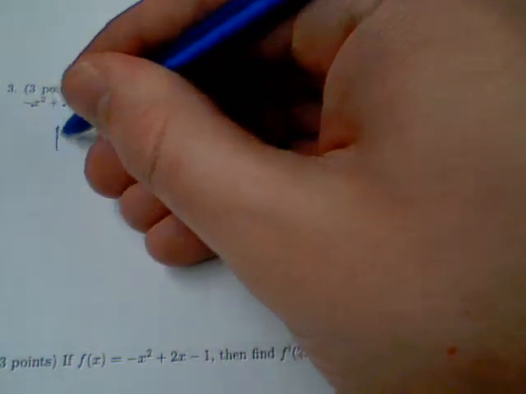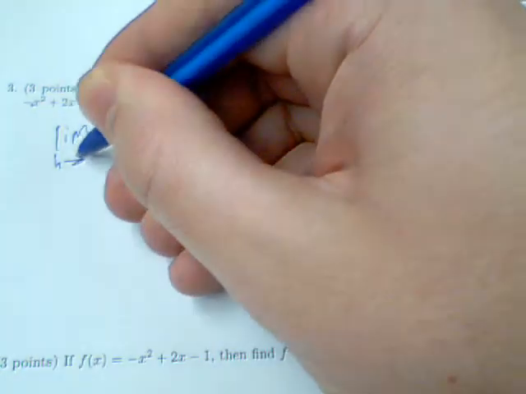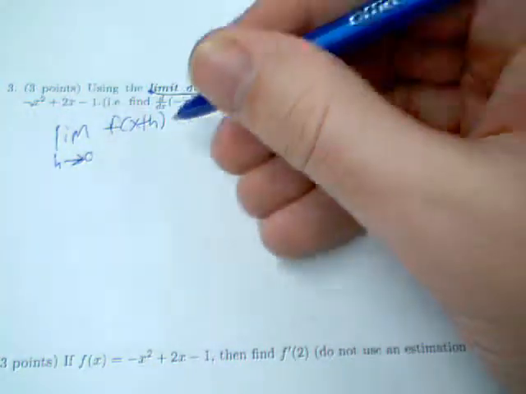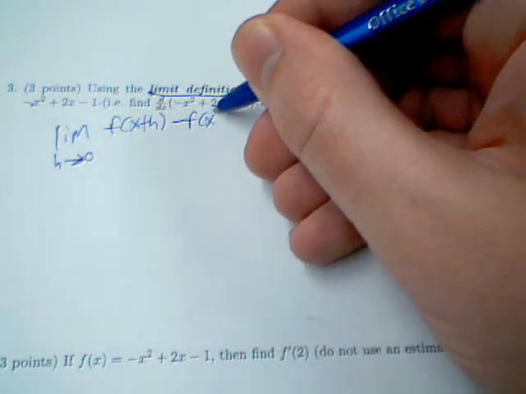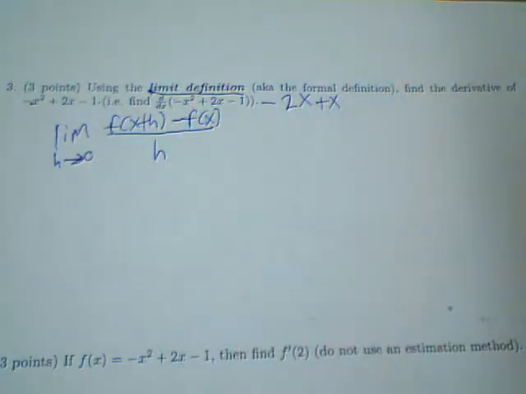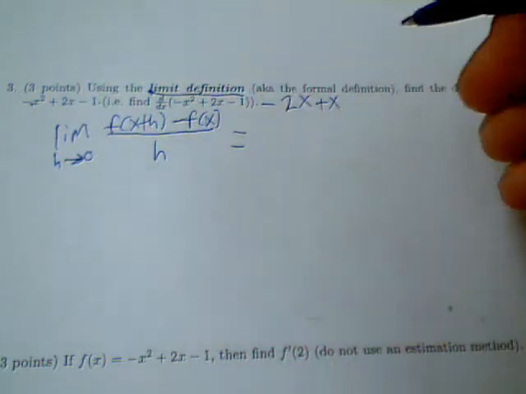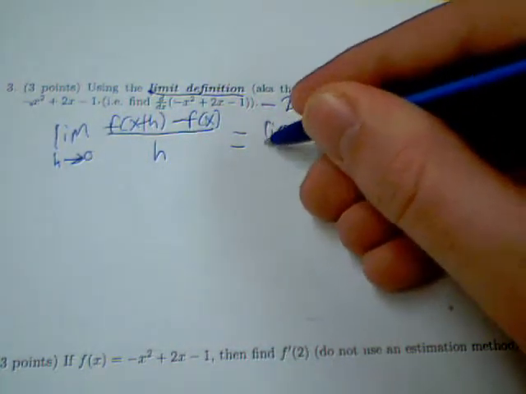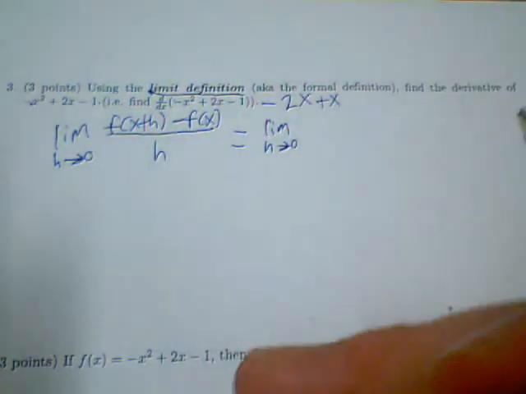So we need to take the limit as h approaches 0, f of x plus h minus f of x over h. Okay, so in this case, this will be the limit as h approaches 0.